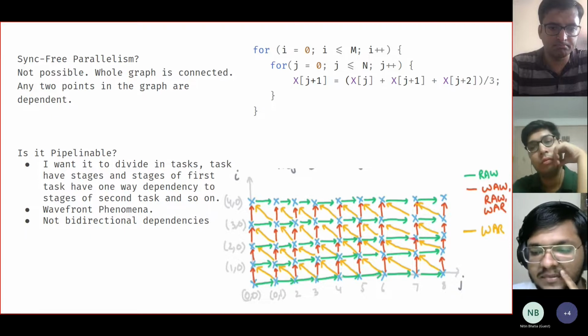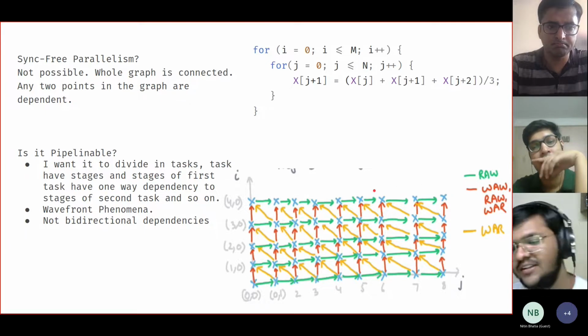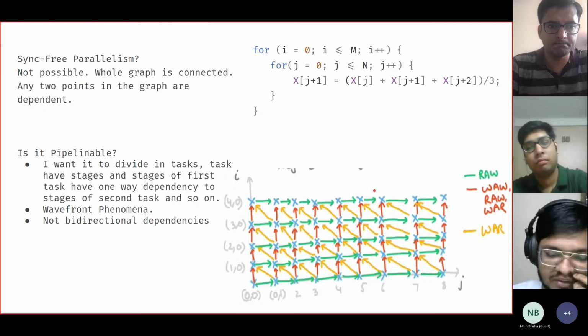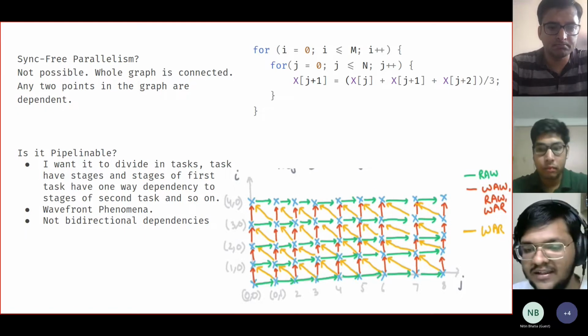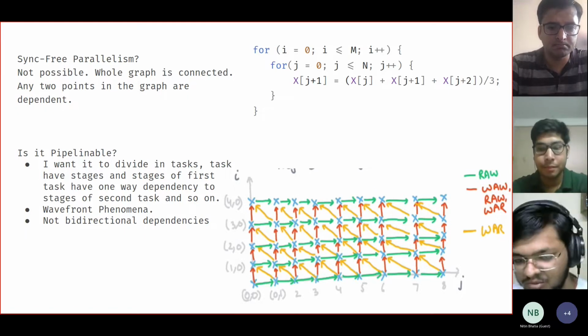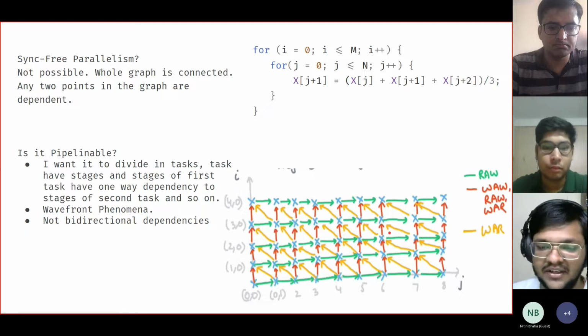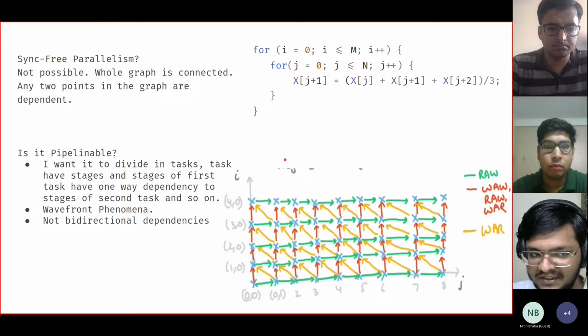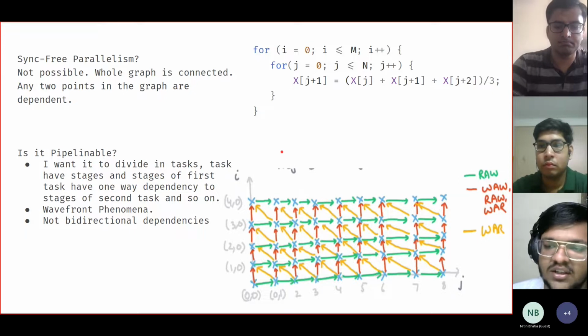There is a path from this point to the corner point. So we can't make two different partitions that are independent of each other. So sync free parallelization is not possible here.